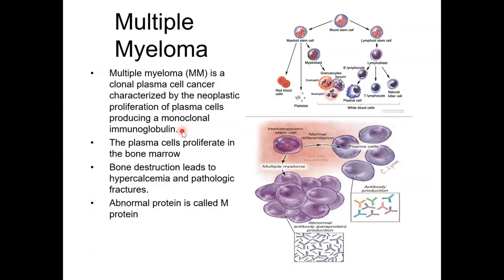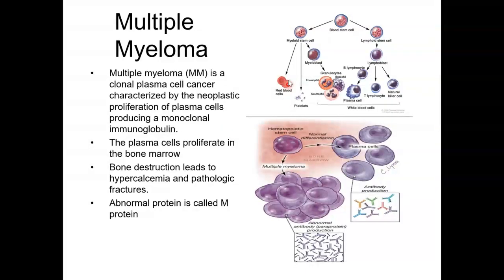These plasma cells make antibodies. They're actually B cells. When they have this neoplastic proliferation, these abnormal cells make abnormal immunoglobulins, or abnormal antibodies, and these abnormal antibodies cannot fight infection.